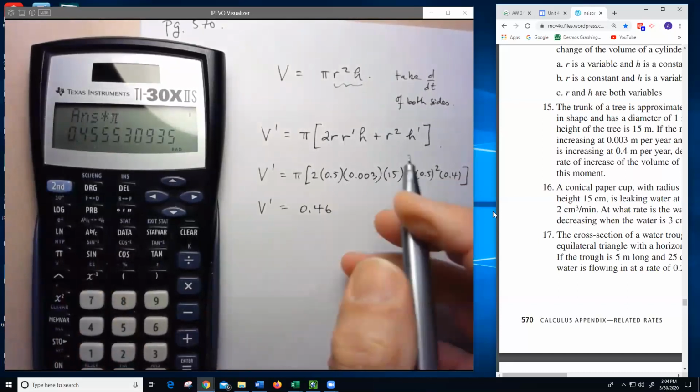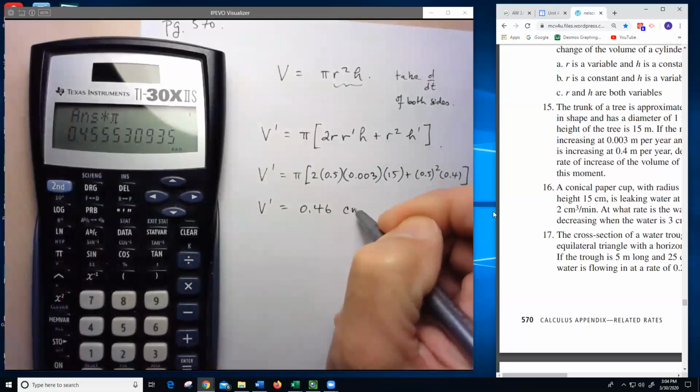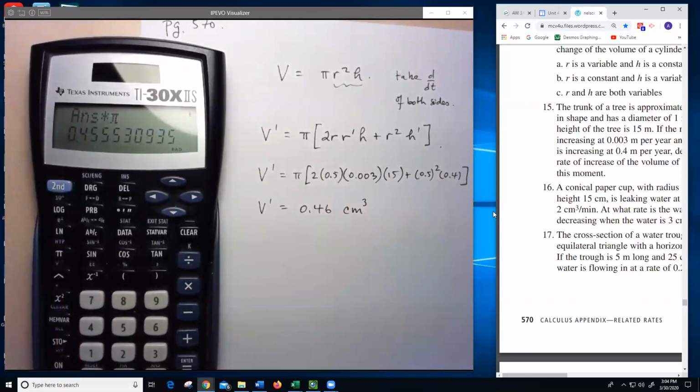This is going to be cubic meters, and I'm going to guess that this is per year. Cubic meters per year, yeah.